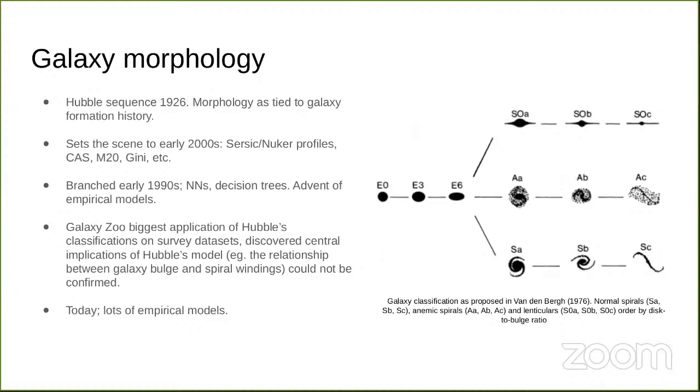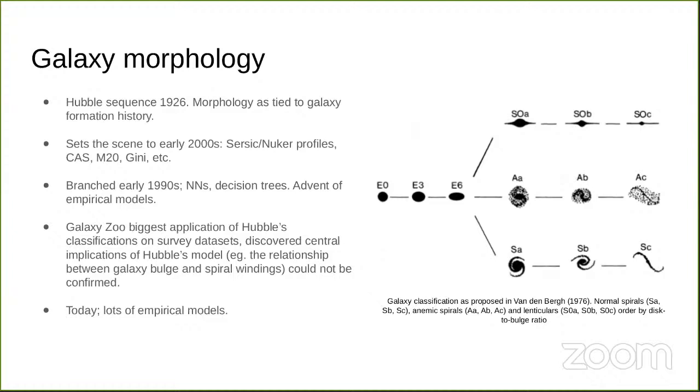It's tied to the formation history of galaxies, and to some extent it's been tested and well used over time. And still to this day, lots and lots of projects are dependent on the Hubble sequence ideas and still use that way of thinking about galaxy morphology.